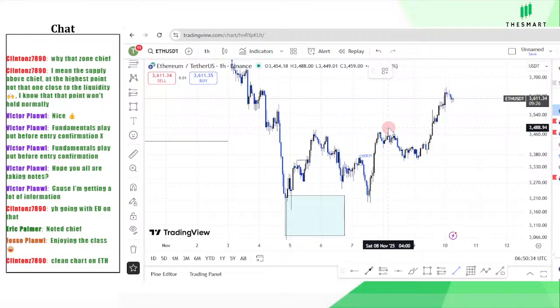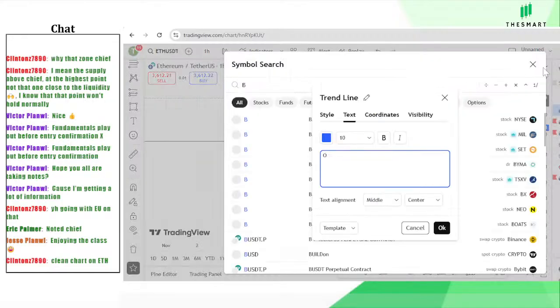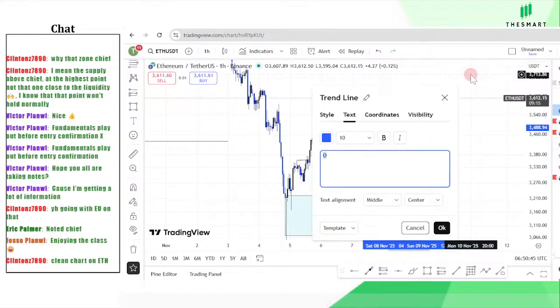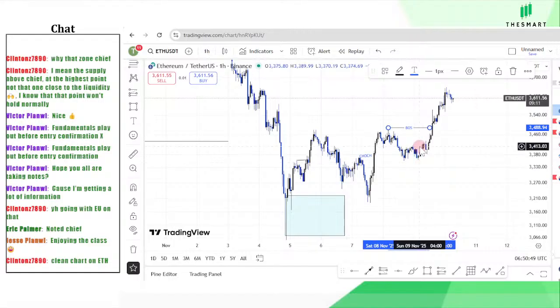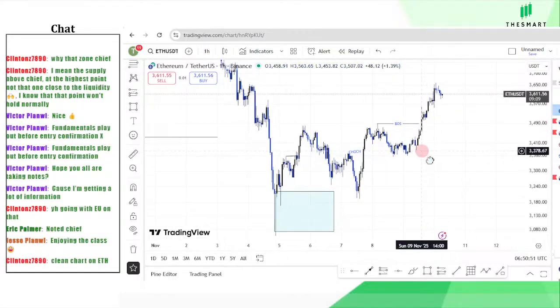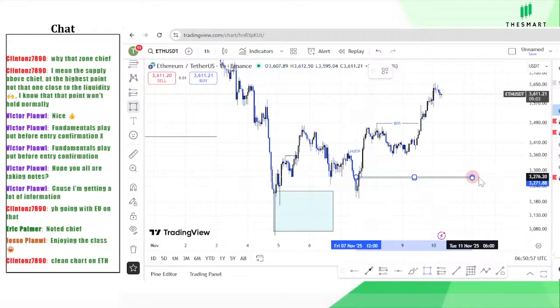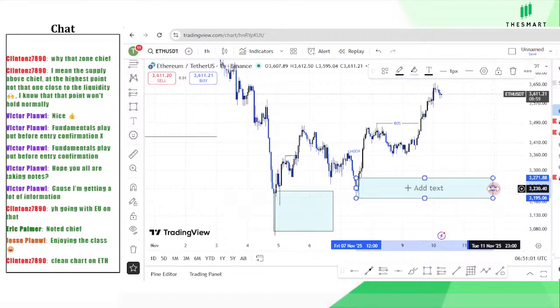We have this break to the upside. We have this zone sitting at this level here. The price is yet to fill this.